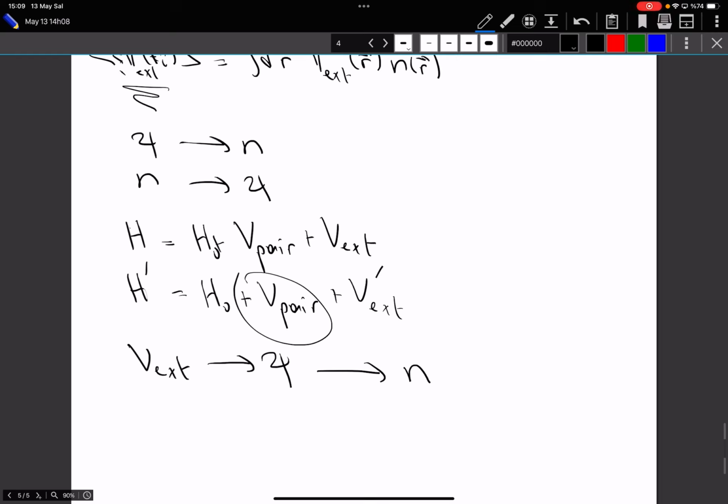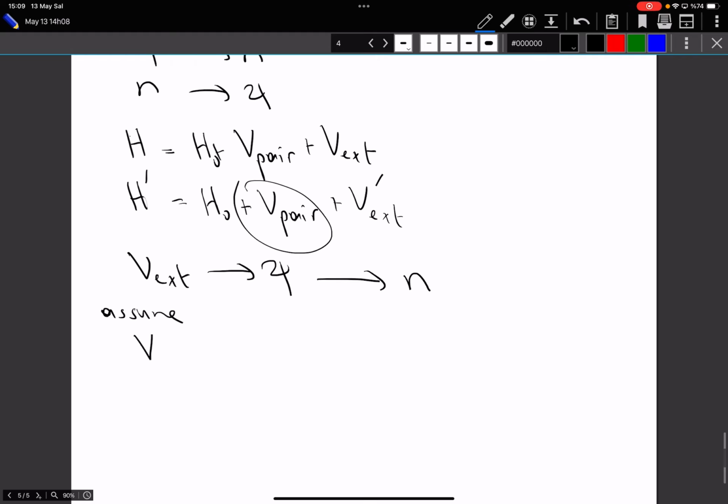Now, what I will assume is there's another external potential which corresponds to another wave function. So this is a different system, another wave function. But let's say that it has the same density. I already know that if I know the wave function, I know the density. There's no other density that corresponds to that wave function.